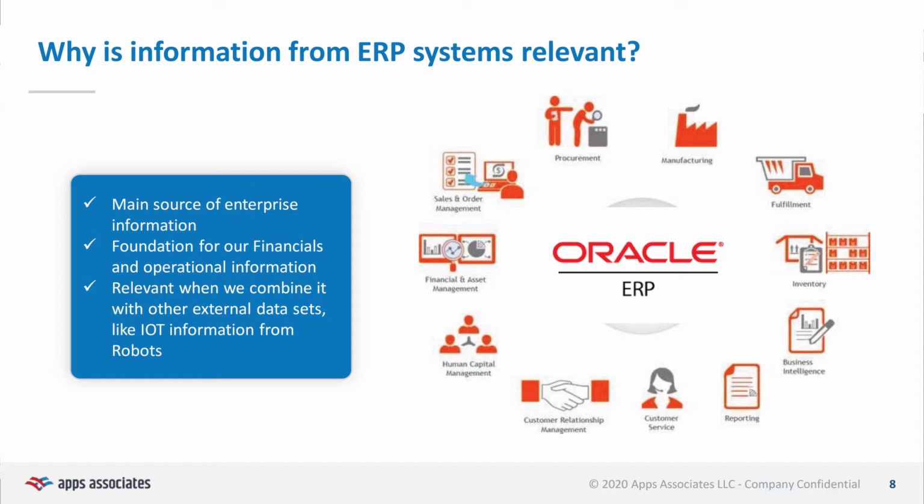So there are a lot of use cases, and this information is being looked at more closely now across organizations. Combining it with your standard Oracle application information makes it even more useful.